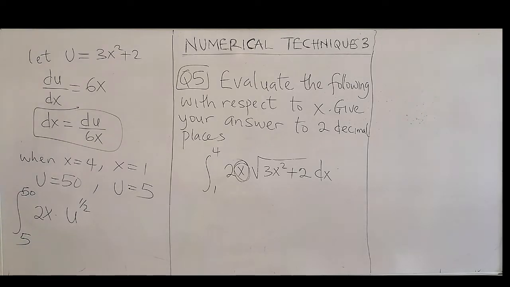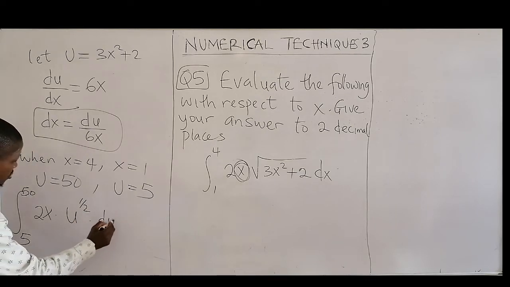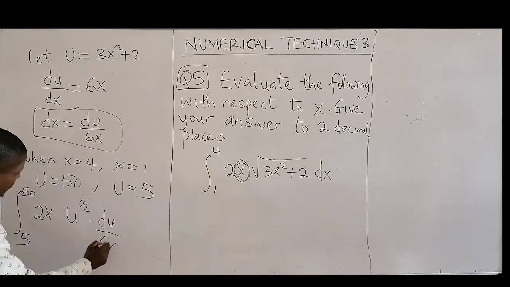Okay, so this is what we have now. Then dx, which we have here, is du over 6x. The main thing we want to achieve is just for us to cancel out this variable x. That's our target.